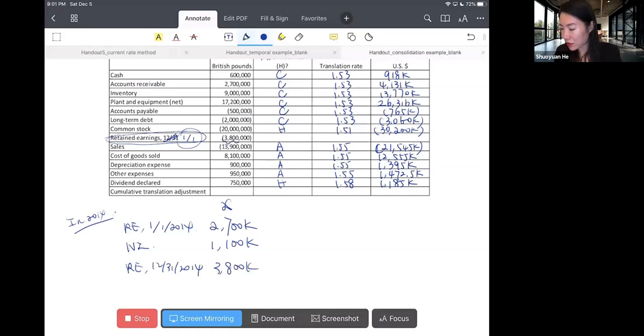So this is how we get this amount in Great British pounds. And then the beginning retained earnings is at the historic rate, because that was when the firm was just, oh sorry, that was when the firm was just acquired. And then during the year, net income is applied the average rate. So 1.51 and 1.52.